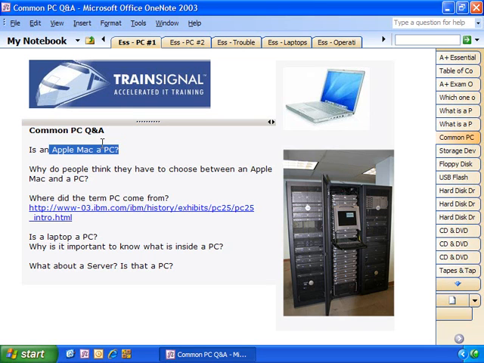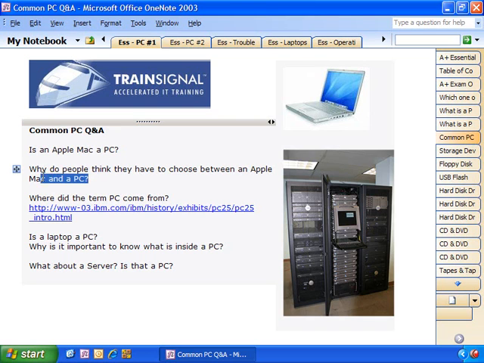So these two have come much closer together than they ever were in the past. But technically an Apple is a PC. So if somebody says, oh, I don't want an Apple, I want a PC, what they're really talking about is they don't want the Apple Macintosh operating system. They want the Windows operating system that commonly runs on personal computers like Dell or HP systems.